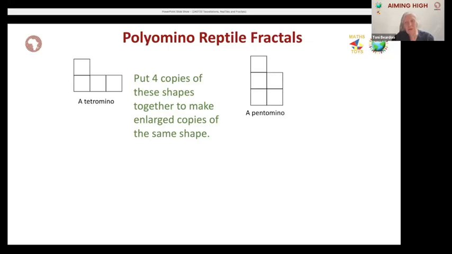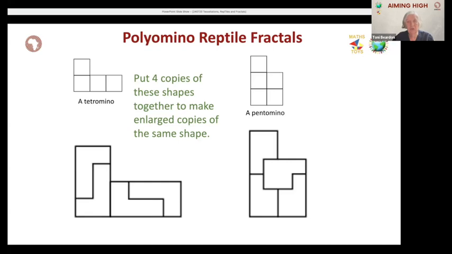And then you can do the same with the pentomino again. So we've looked at examples where we're putting the copies inside, and if you can do it inside, you can build them together to make an enlarged copy with the area 4 times, or you can put the copies inside the outline, like we saw with the Sphinx, to shrink it by an area factor of 1/4.